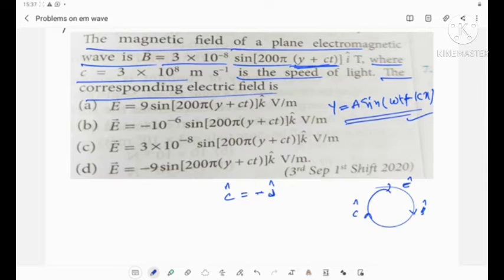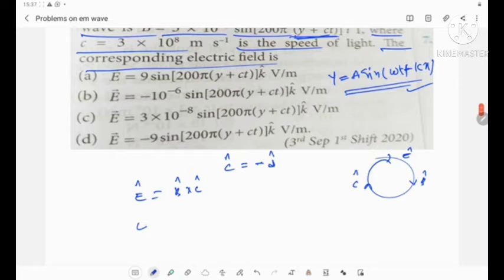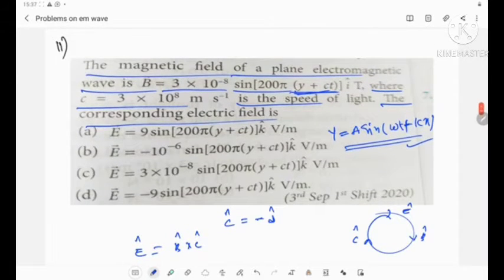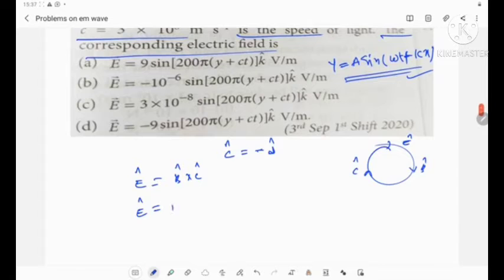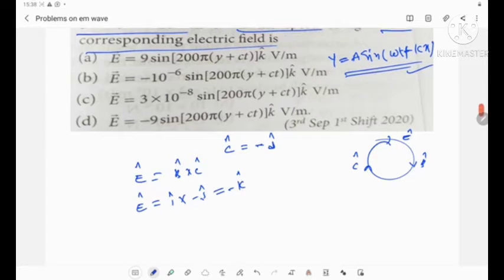See here, E cap is equal to B cap cross C cap. B cap direction is given as i cap. Cross C cap is minus j cap. i cap cross j cap is k cap. Therefore this is minus k cap. E cap is equal to minus k cap.